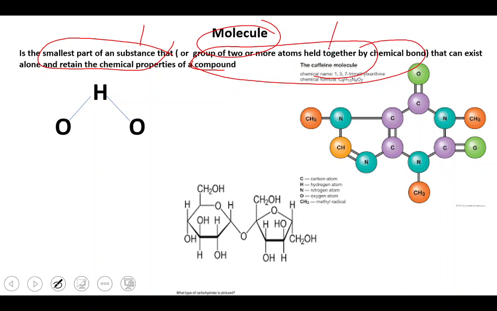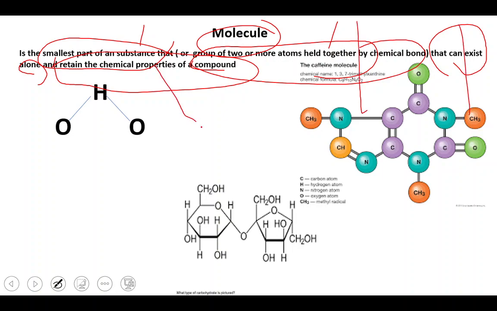The next thing is that they can exist alone and retain the chemical property of the compound. So you have about 3 phrases to account for in order to define a molecule. Remember that this one is with respect to compound, and this one is with respect to atom.